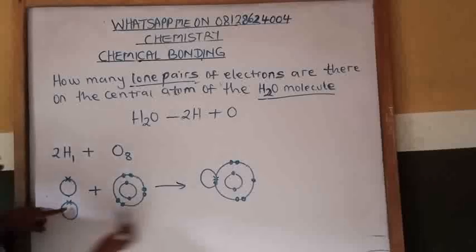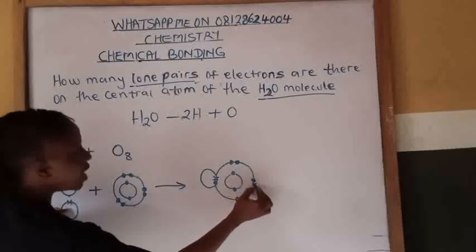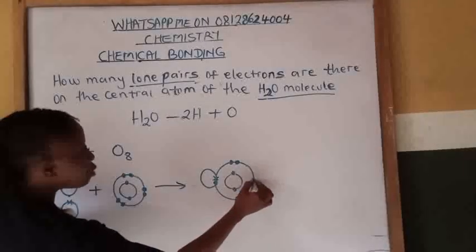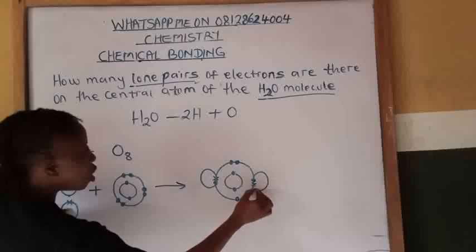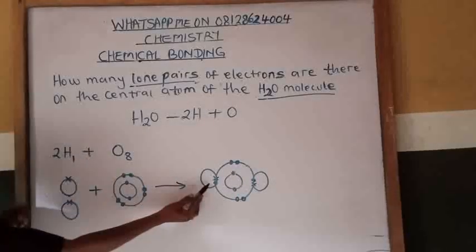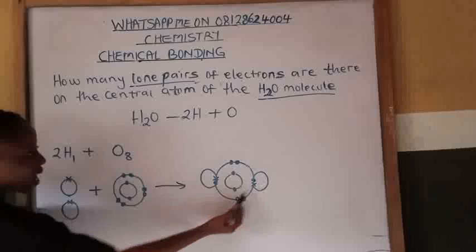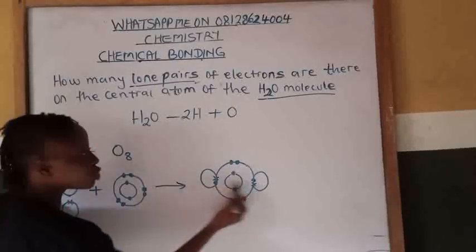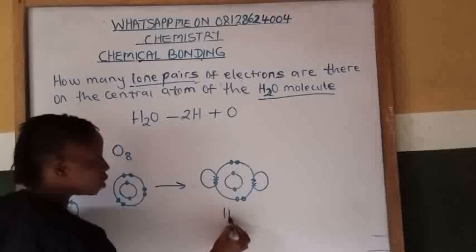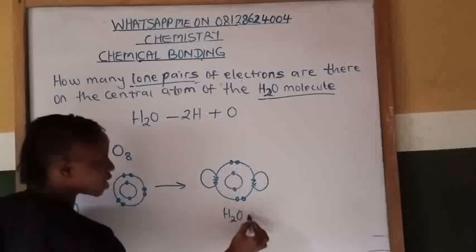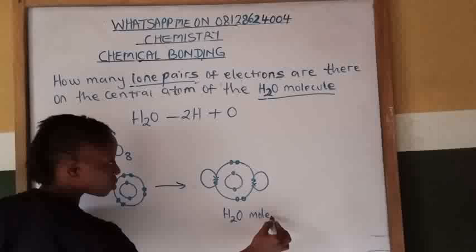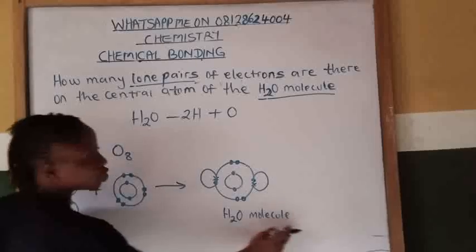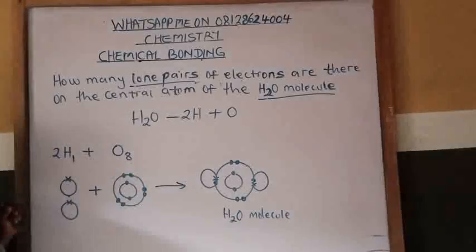The second hydrogen will also come and share an electron here with oxygen. So this is the first hydrogen, this is the second hydrogen, then this is the oxygen atom. So we have two hydrogens and one oxygen, which gives us the water molecule. So this is the structure of the water molecule.